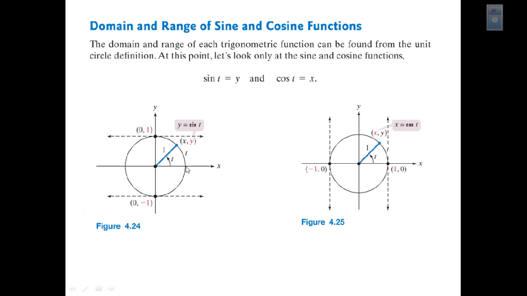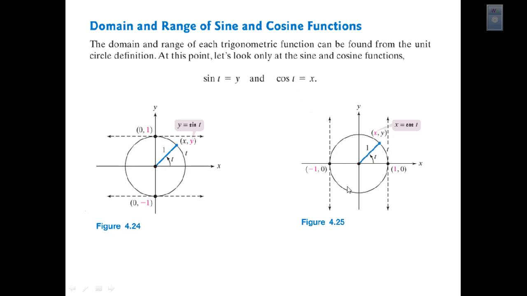And then it goes back to 0 and goes back up here and then goes back around and around and around. But the largest y value that we can have is 1, and the smallest y value, sine value, we can have is negative 1. So for the sine function, our domain is all real numbers, and our range is from negative 1 to positive 1. Those are the minimum and maximum values we can have coming out of a sine function.